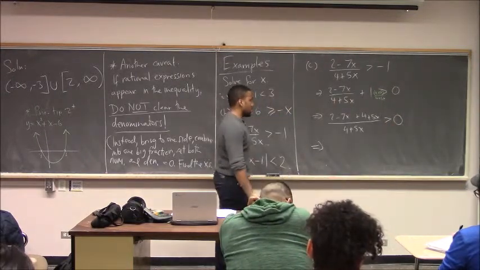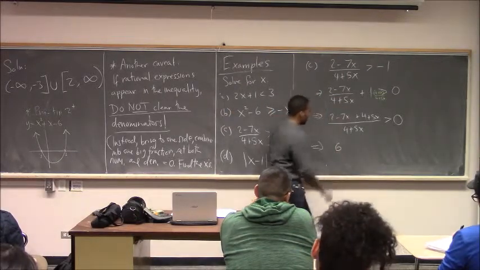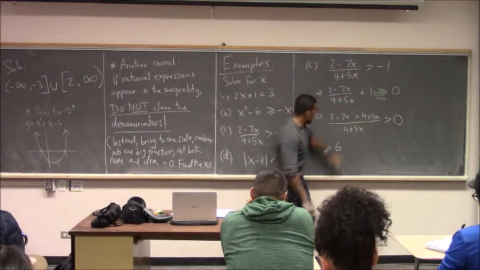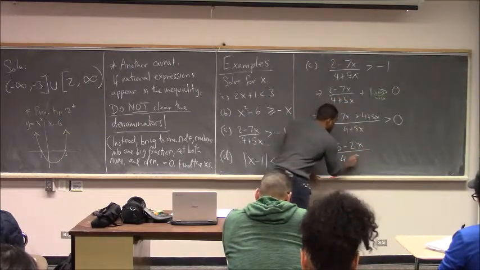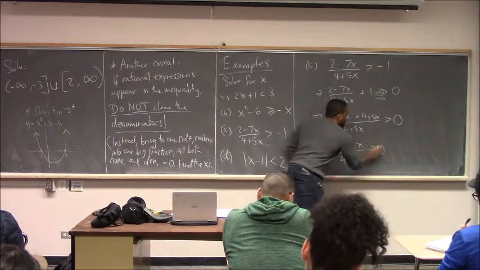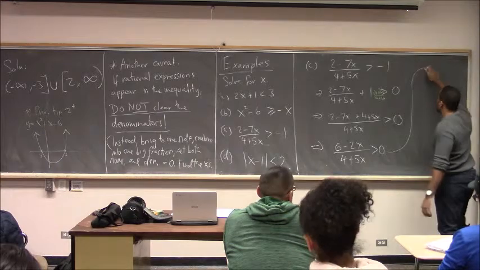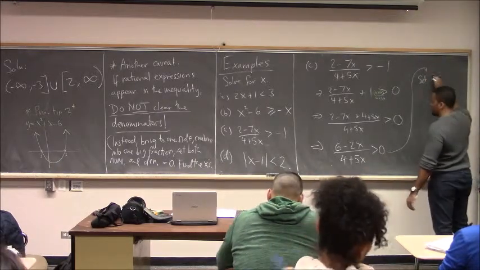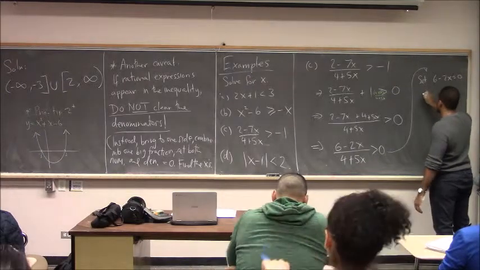Now start simplifying the top a little bit. I have 2 plus 4, that's a 6. Minus 7x minus 5x, that's a minus 2x. Over 4 plus 5x, greater than 0. Now what we're going to do is set the top equal to 0, 6 minus 2x, and set the bottom equal to 0.